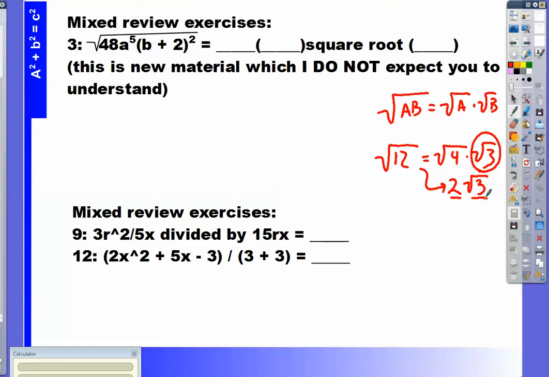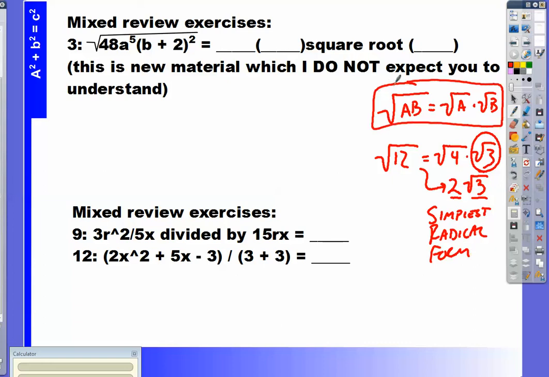That's called putting it in simplest radical form. And we'll spend more time on this, but again, we might as well take a look at it. Here is the rule that we're applying, and we're going to use that for this problem.